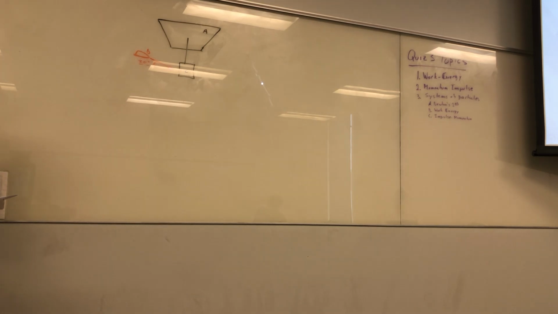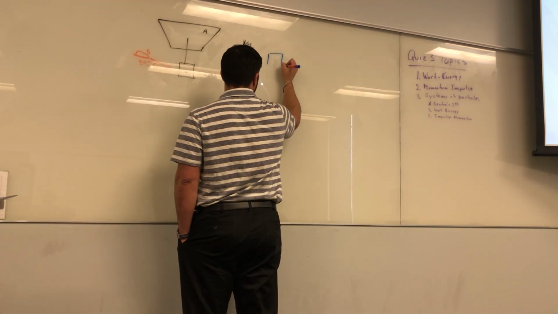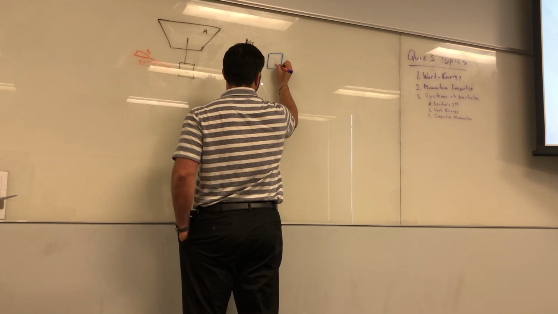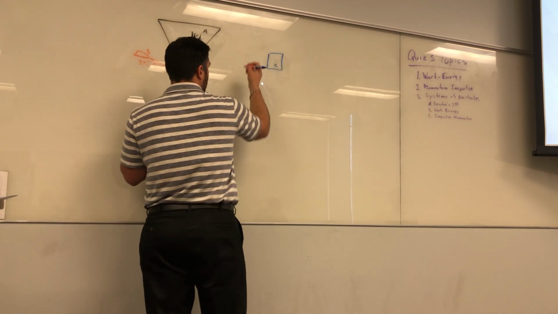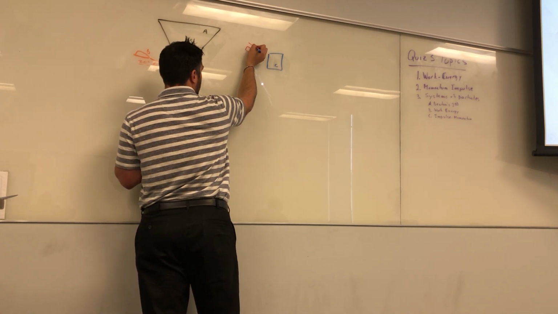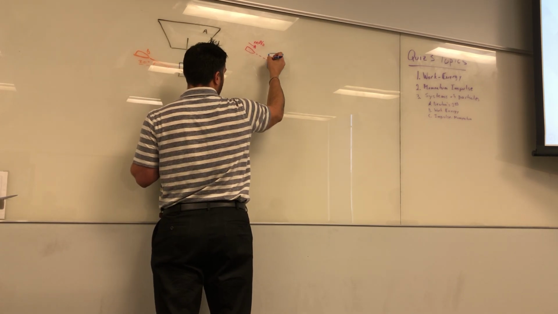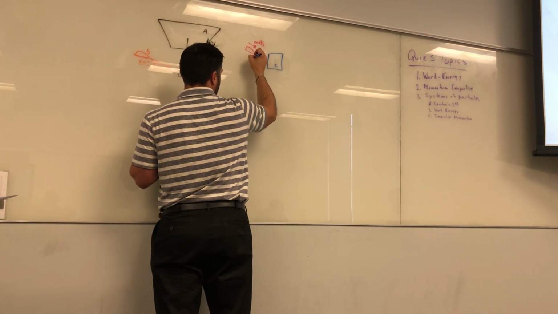So let's draw our momentum impulse diagram for our block C. In the beginning I've got my block, and my block isn't moving, but this is m v naught, and it's at 20 degrees.